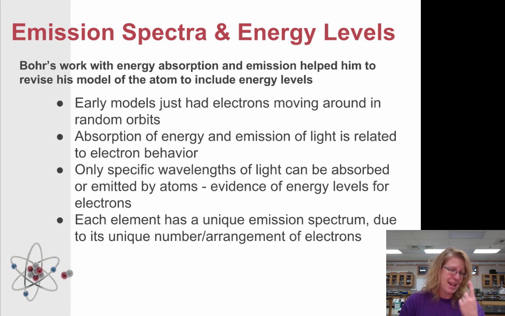Hydrogen was the easiest because it has one electron, so it's easy to trace one electron moving around. If you're starting to talk about something like helium, which has 2 electrons, they could be bouncing around from 1 to 2 and 2 to 3 and 3 to 4, and there's 2 different ones bouncing around. It gets a lot more chaotic. So it can be more difficult to see the simple patterns overlaid on top of one another when you're talking about higher energy levels.